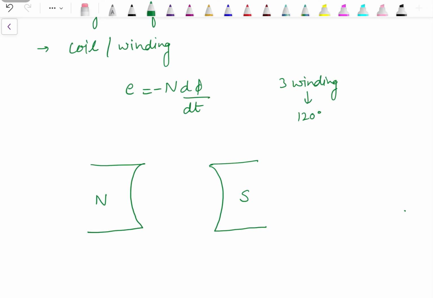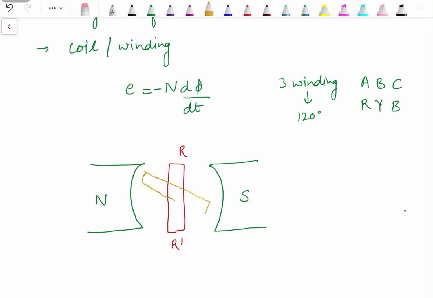Now these three windings can be denoted by A, B, C, phase A, phase B, phase C, or another denotation is RYB. R stands for red phase, Y stands for yellow phase, and B stands for blue phase. R will have two ends, R and R dash, starting end and finishing end.